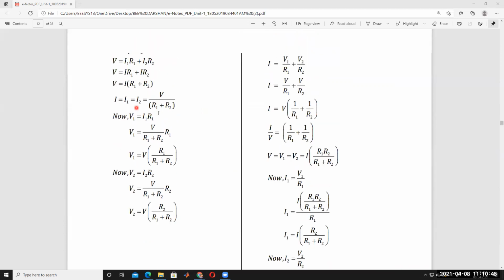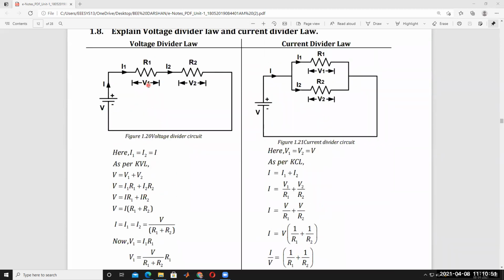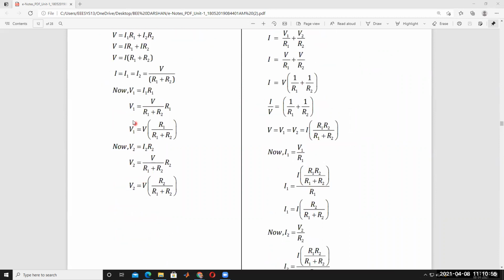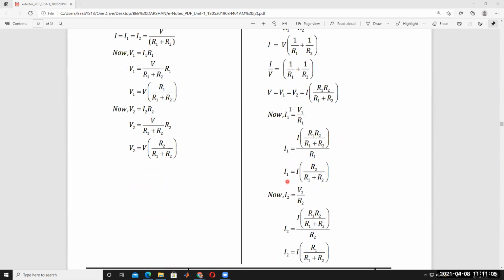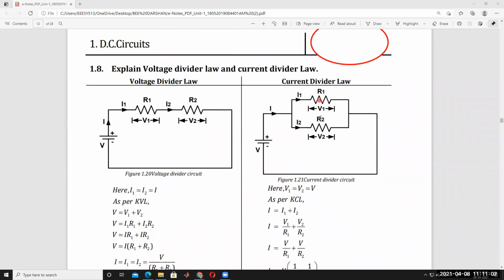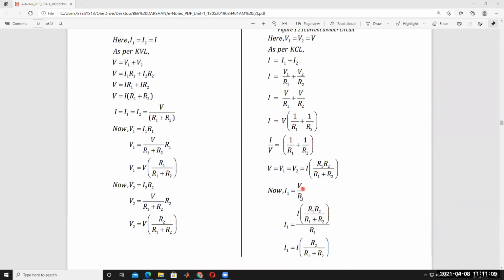This is exactly opposite of the voltage division rule. If you want to find the voltage drop across V1, the numerator is R1 only in the voltage division rule. But here, if you want to find the current flowing through the R1 branch, the numerator is the opposite one, that is R2.